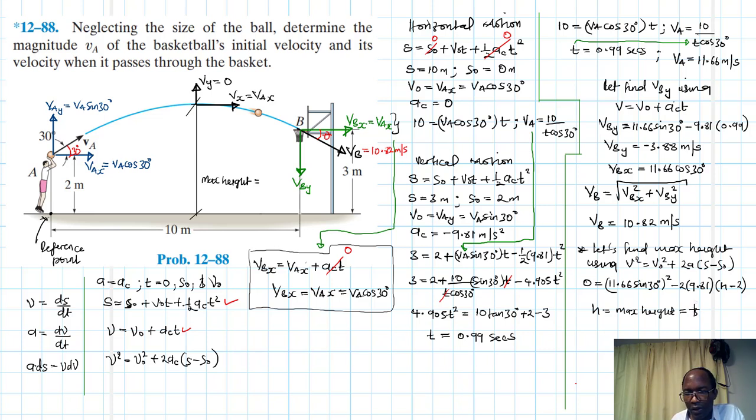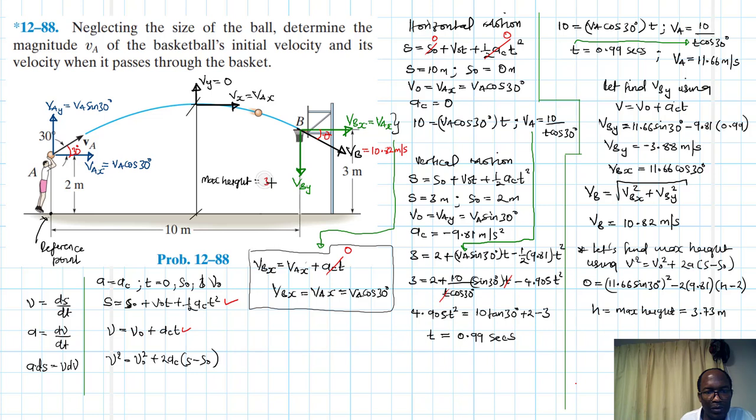So we have 3.73 meters. Let's check it out again: 11.66 sine 30 squared divided by 2 times 9.81 and plus 2, 3.73.